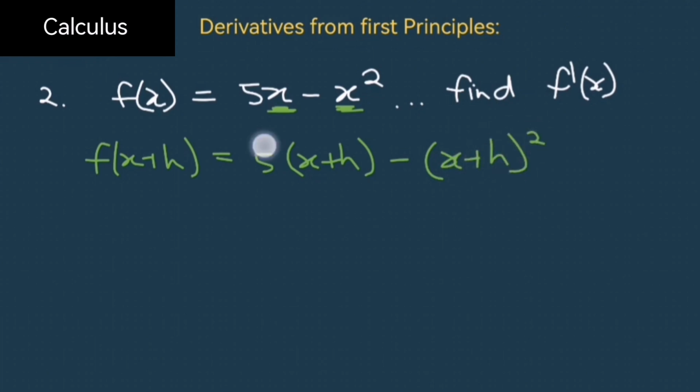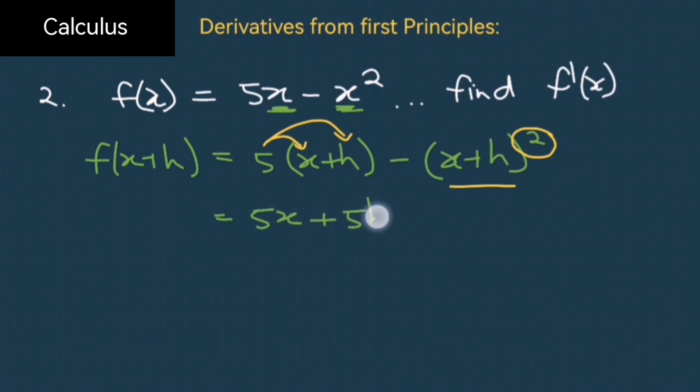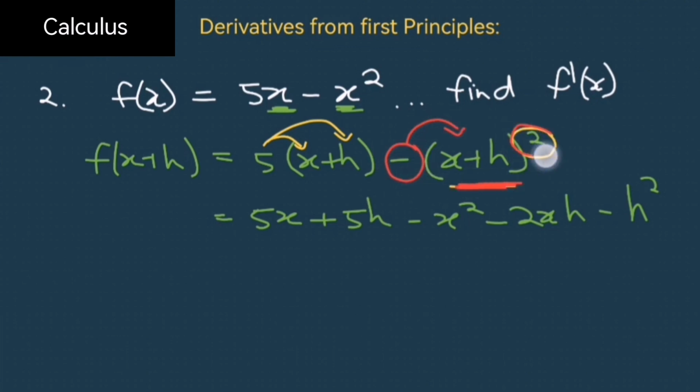Now to simplify this, we're going to distribute the 5 inside the bracket and also square this bracket. That leaves us with 5x plus 5h minus x squared minus 2xh minus h squared. That's also by multiplying this negative inside after we've squared this bracket.